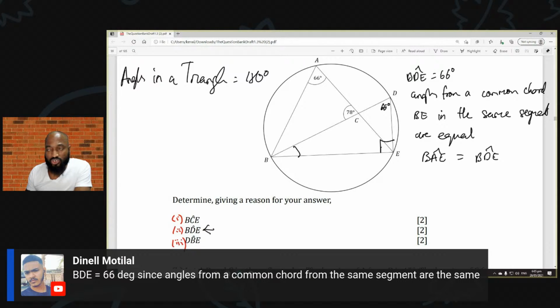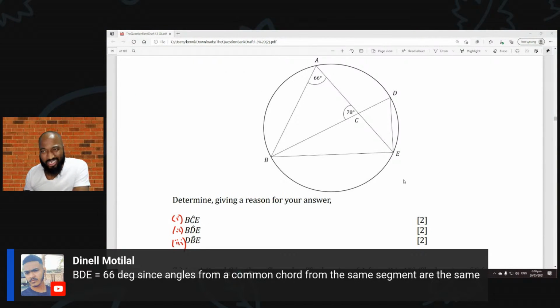And so 180 degrees, therefore, what were you looking for? DBE. DBE is equal to 180 minus the 66 plus the 90 that we have, and everybody is saying that's 24 degrees, and I believe them. So this was a very easy one.